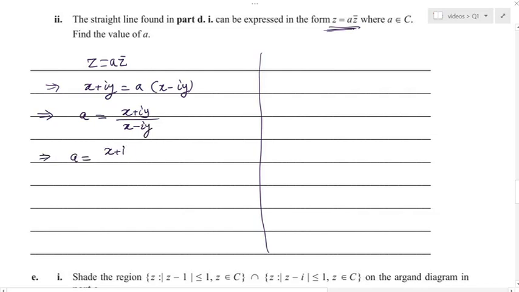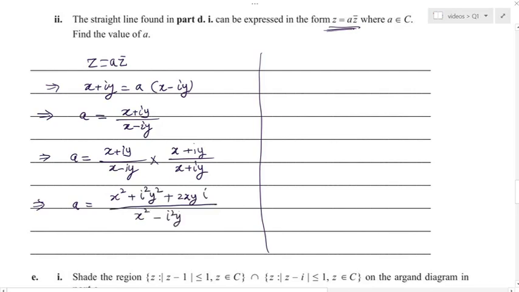I think you all know what I'm going to do here: multiply by the conjugate of the denominator. That implies this equals (x² + (iy)² + 2ixy)/(x² − i²y²), and since i² is −1, that becomes (x² − y² + 2ixy)/(x² + y²).